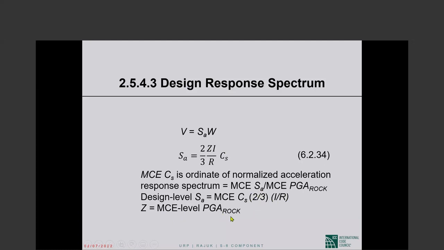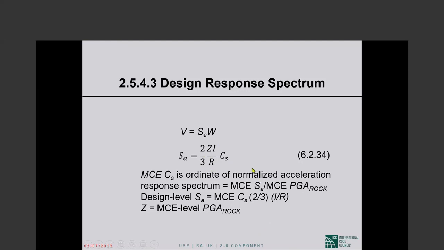So C sub S is MCE level S sub A divided by MCE level PGA on rock, and Z is MCE level PGA on rock. So Z times C sub S is actually the MCE level S sub A. All we have done here is take the MCE level S sub A, multiply by 2/3 to get it down to design level, and then make the I over R modification.